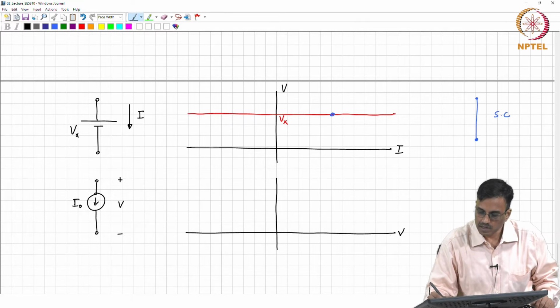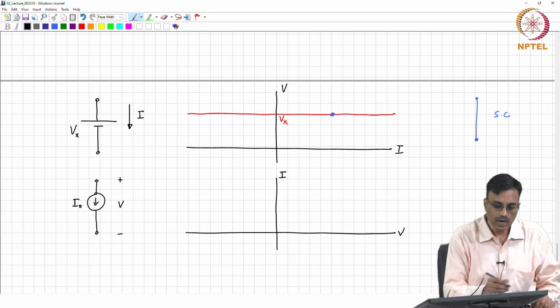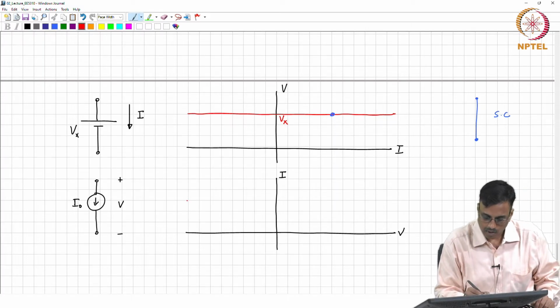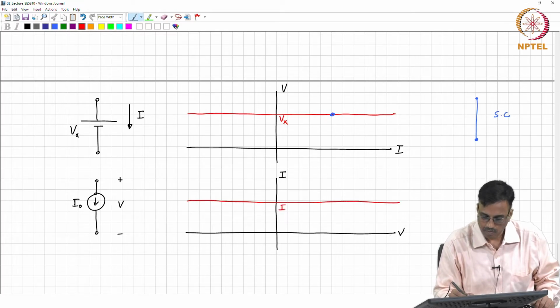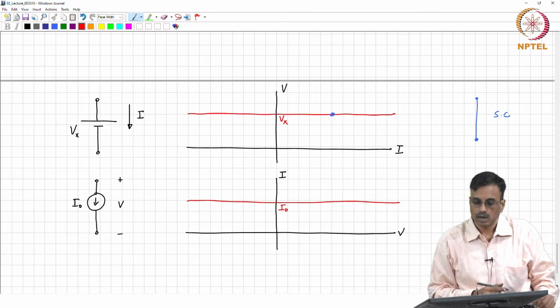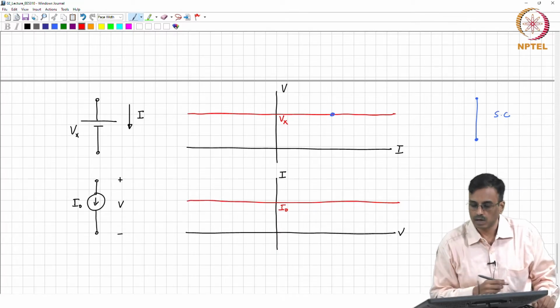I will plot the voltage and measure the current, and what will it be? It will be a constant with an intercept of I naught, and what comment can we make about the small signal equivalent?